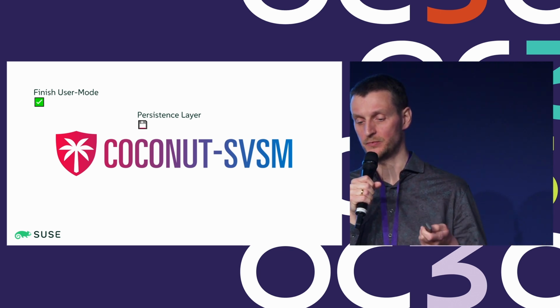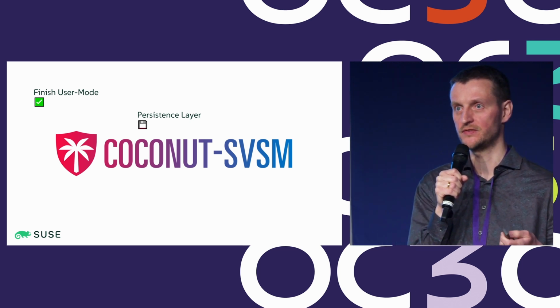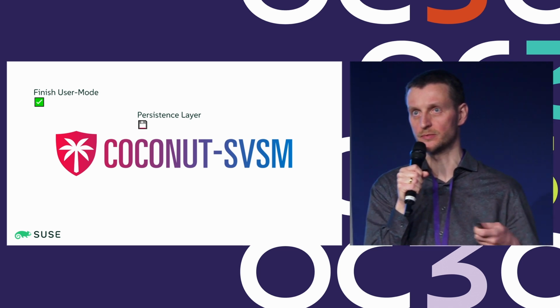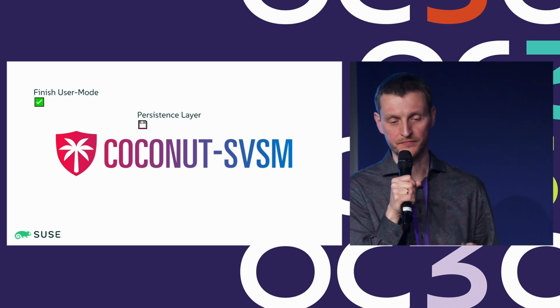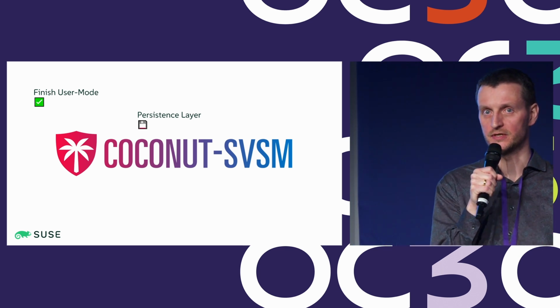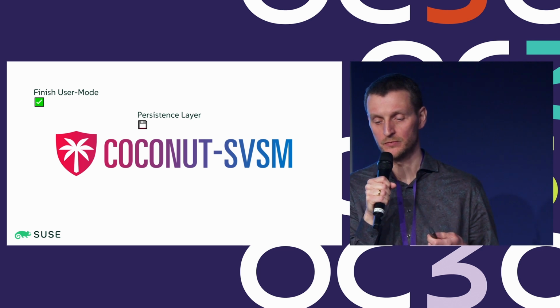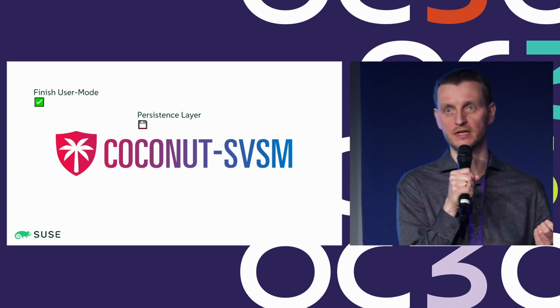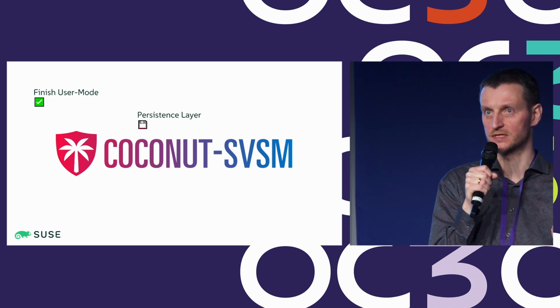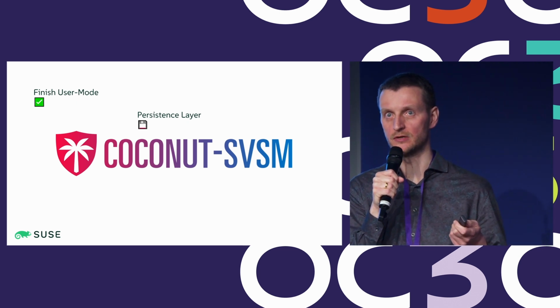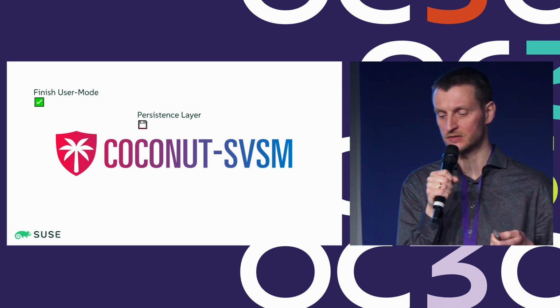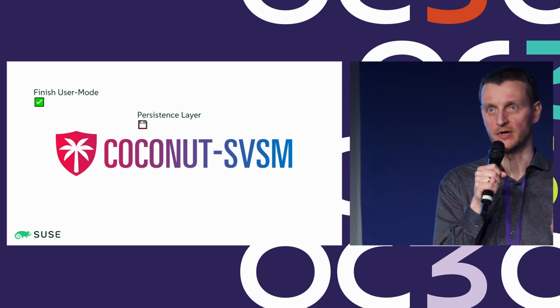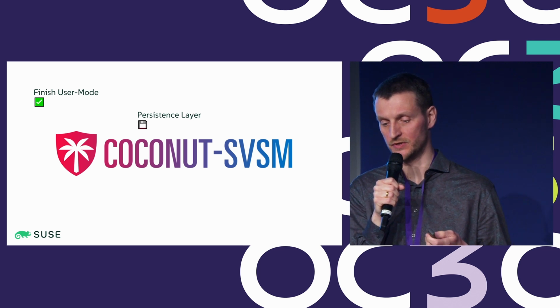So with that, we get persistence in the COCONUT-SVSM, and services can actually store persistent data, which can be restored after a reboot. So with this, we will get a persistent TPM, and you can actually start using the TPM to store, for example, your disk key, and unlock the disk of your CVM automatically at boot once all the attestation passes.